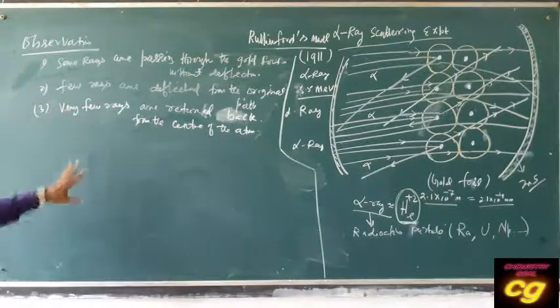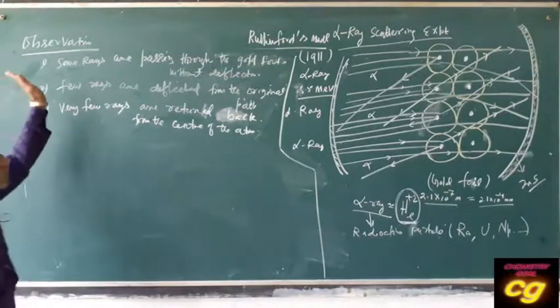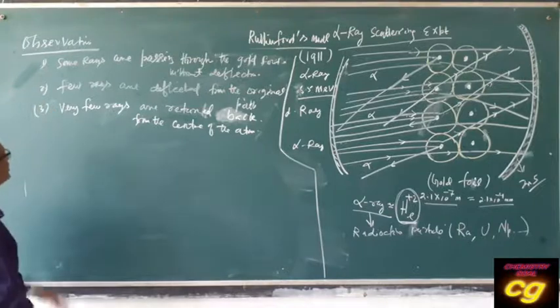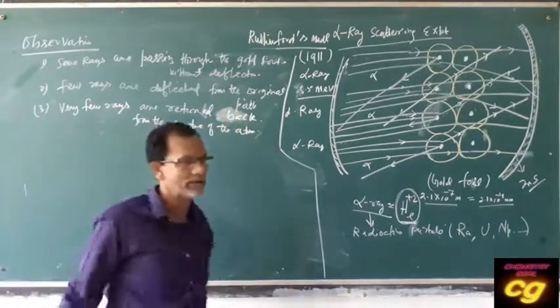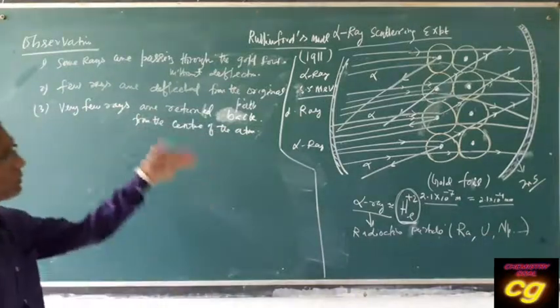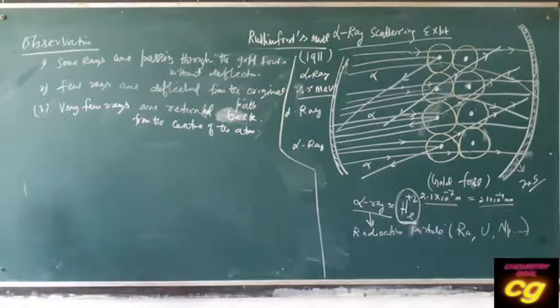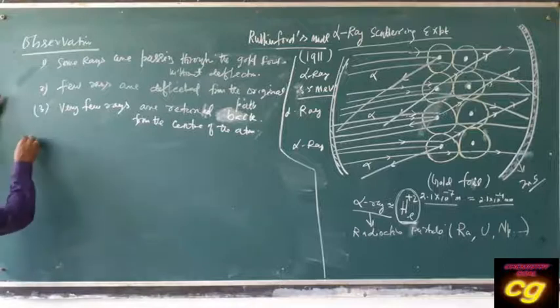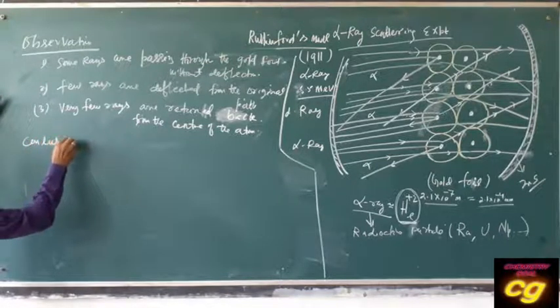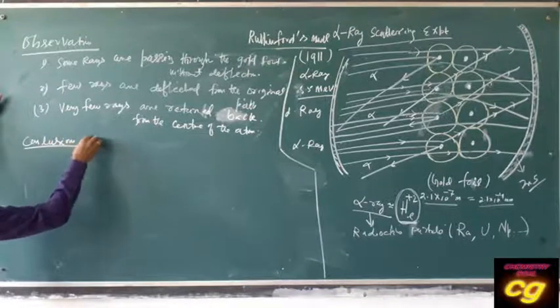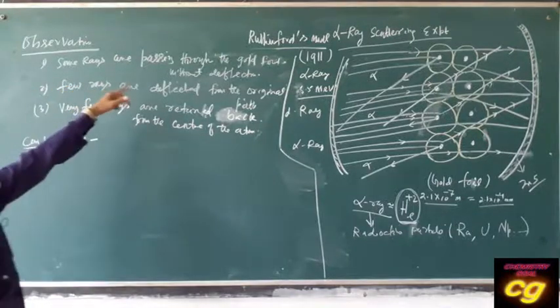So 3 observations he found. Some rays moved straight without deflection, few rays deflected, and few rays returned back. Then from these observations, he made conclusions. What is the conclusion? Why is the first observation found?